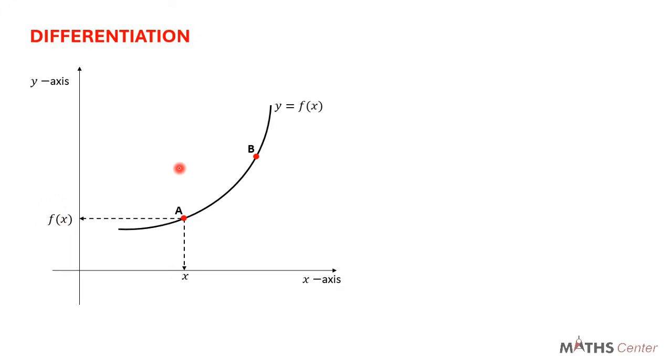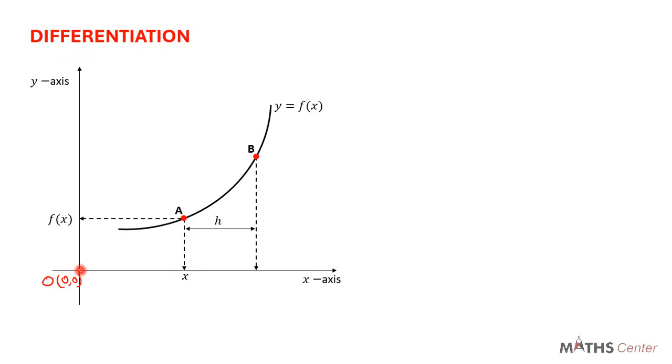Okay. Now let's come to point B. We know that when we trace point B to the x-axis, we'll get the x-coordinate of point B. But let's consider something. Let's assume that the horizontal distance between point A and point B is h. You see, in the xy plane we have here, this point will be the origin with coordinates 0, 0.